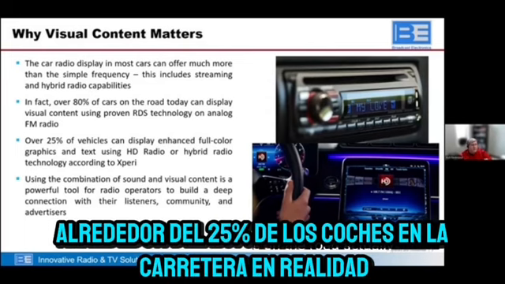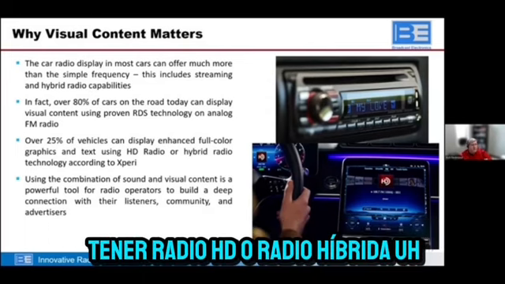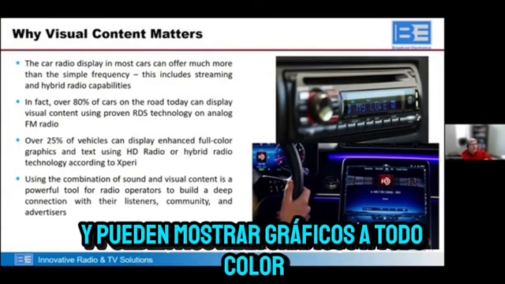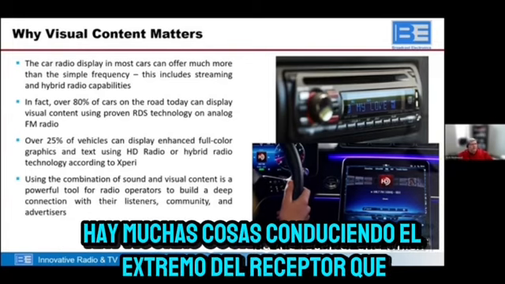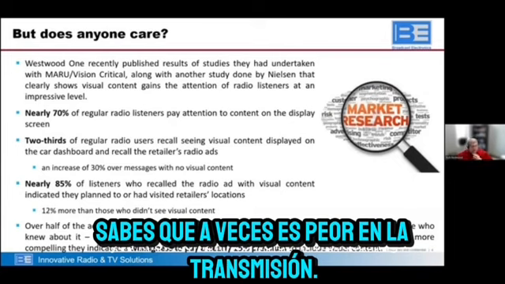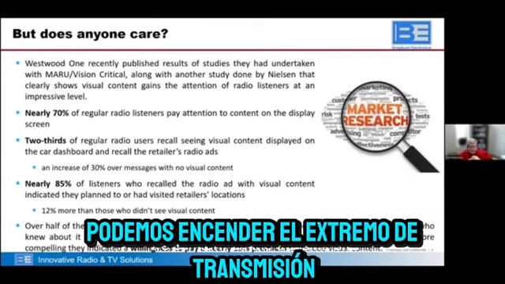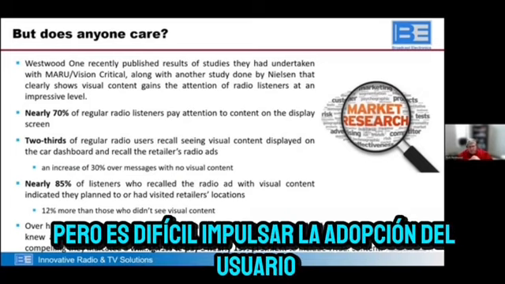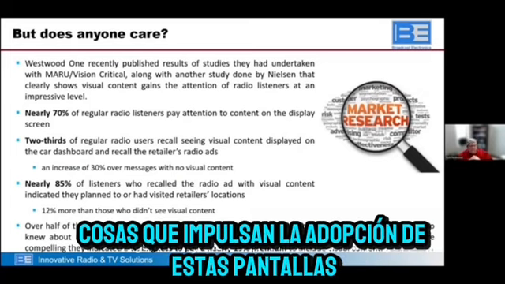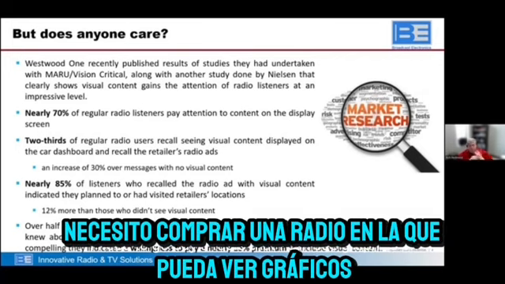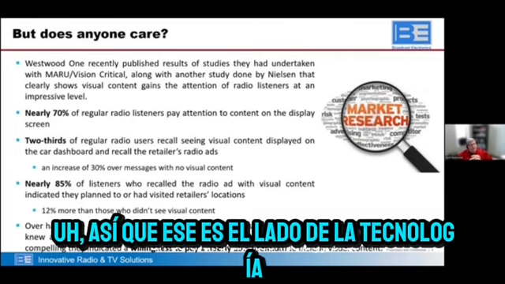About 25% of the cars on the road actually have HD radio or hybrid radio, and they can display full color graphics. So the good news is, in this case, there's a lot of things driving the receiver end, which sometimes for us in broadcasting, we can turn on the transmit end or enable it in the studio, but it's hard to drive user adoption. There's a lot of other things driving the adoption of these displays besides a user saying, I need to go buy a radio that I can see graphics on. So that's the technology side.